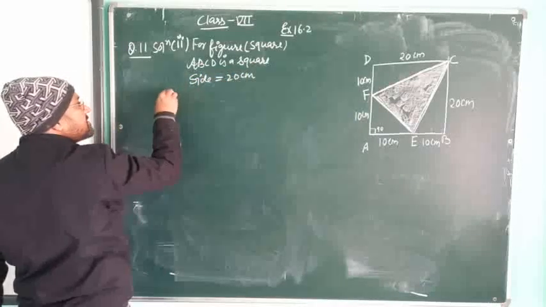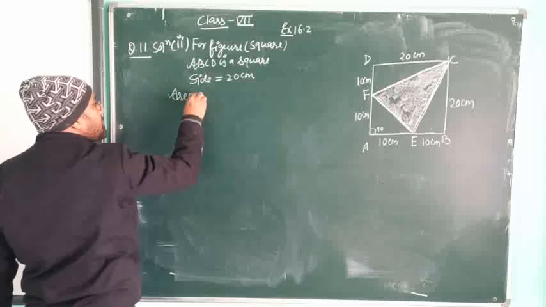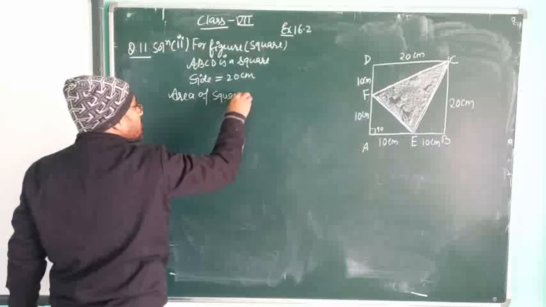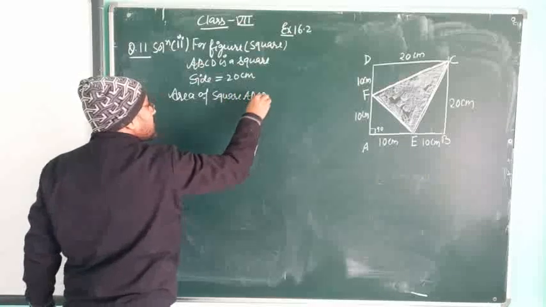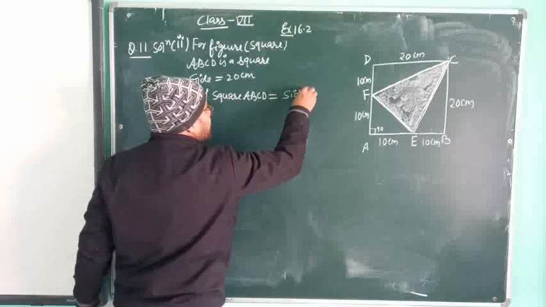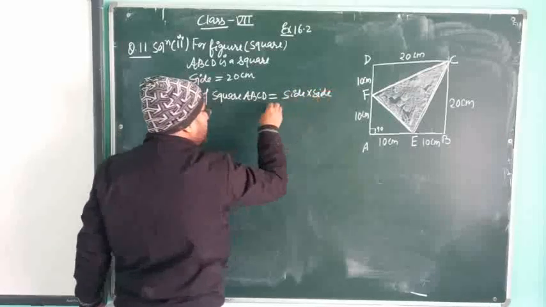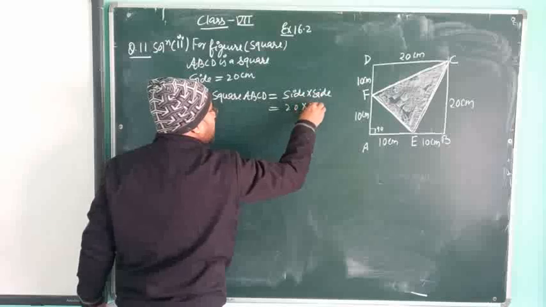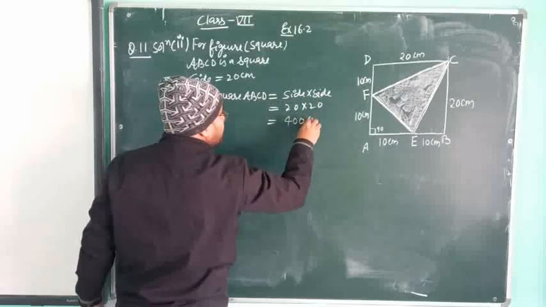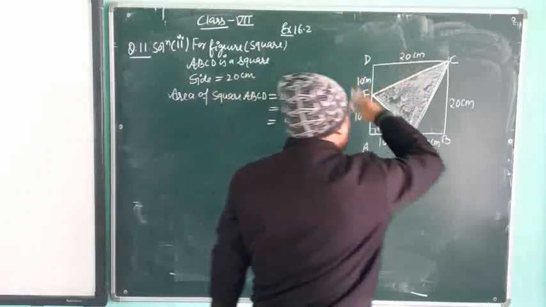So its area: area of square ABCD is equal to side multiplied by side. Unit square, so 20 multiplied by 20. We are getting 400 centimeter square is the total area.